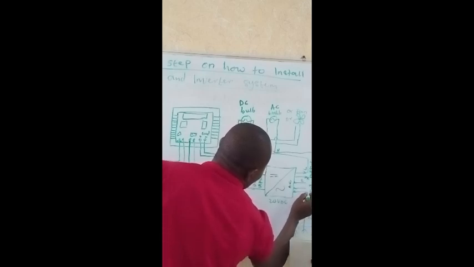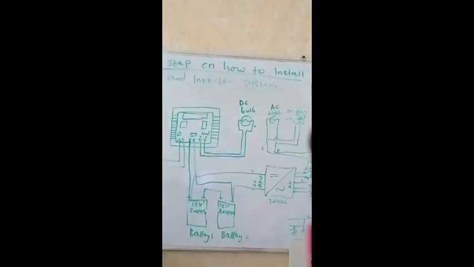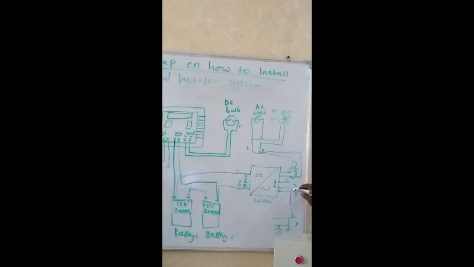It goes straight to the input, and this live goes straight to the input live, while neutral goes straight to the input neutral. So this is the live now. Input live comes straight to this. Then the input neutral comes straight to this.